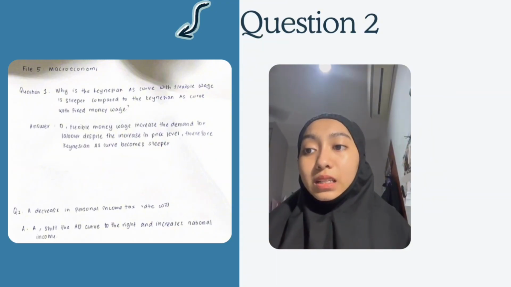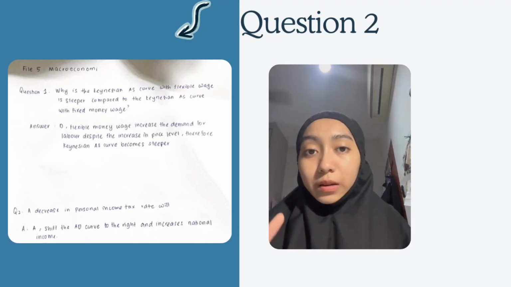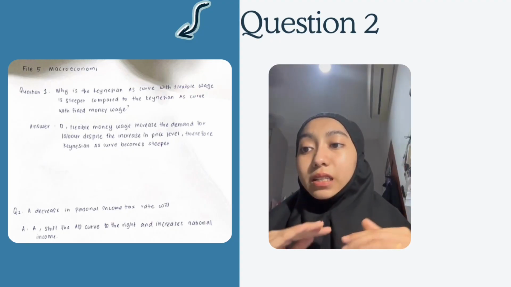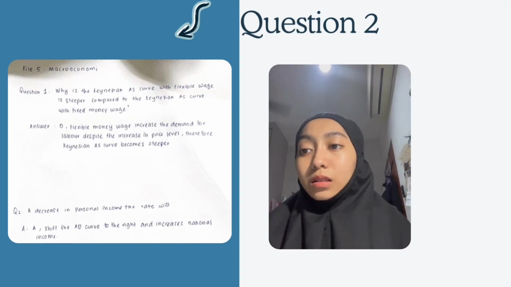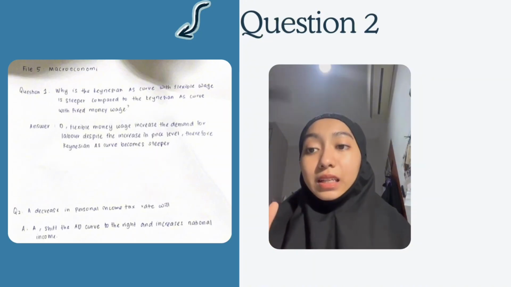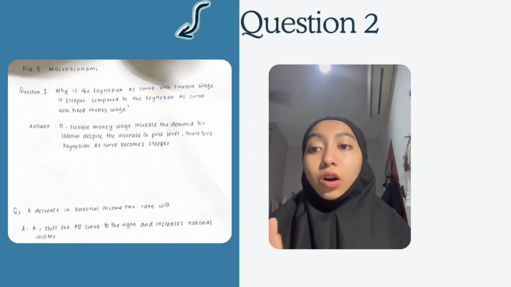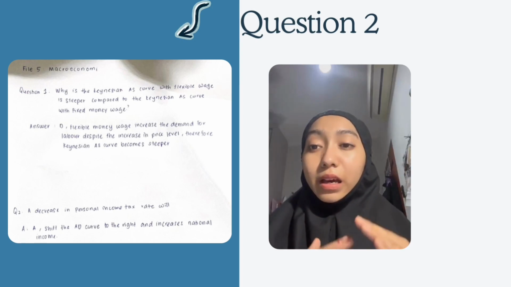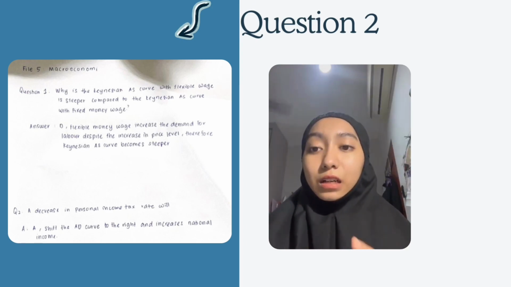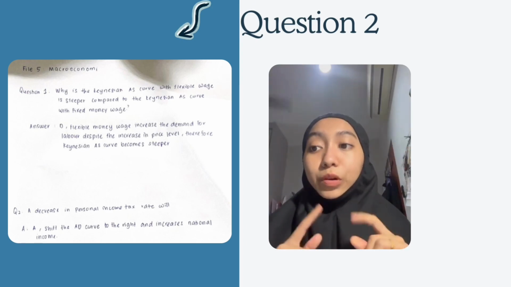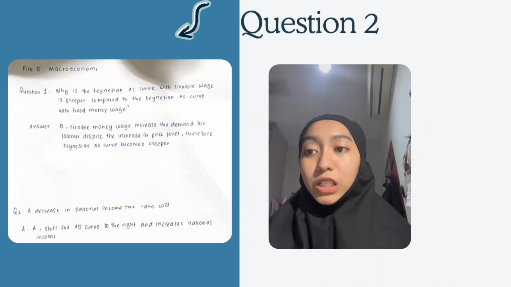A, the wage remains fixed if the price increases, so the cost is slow to increase. That will make the AS curve more flat and not steeper. B, flexible wage.